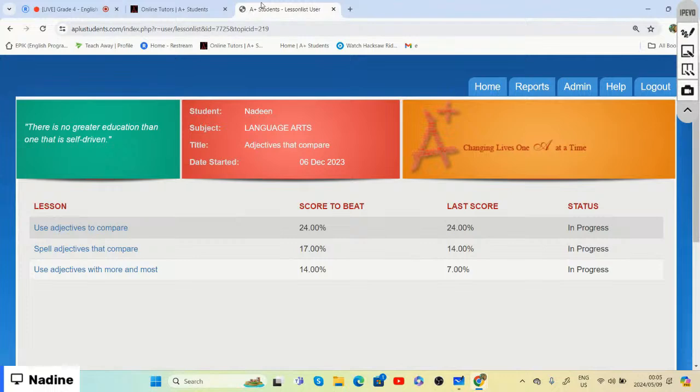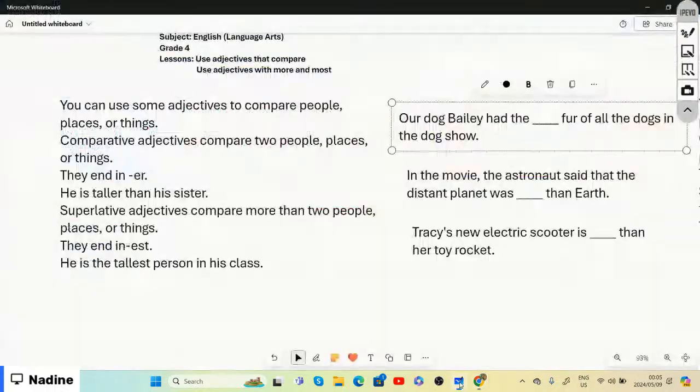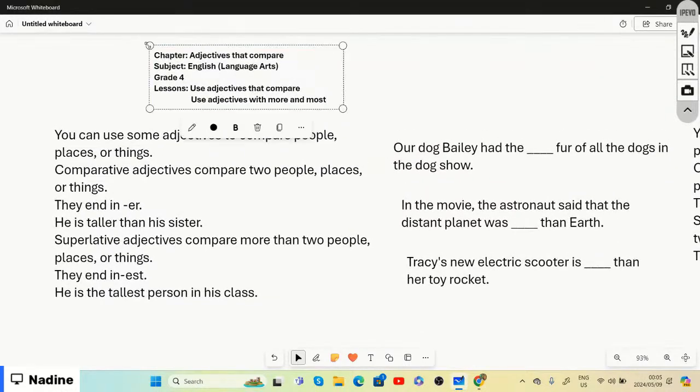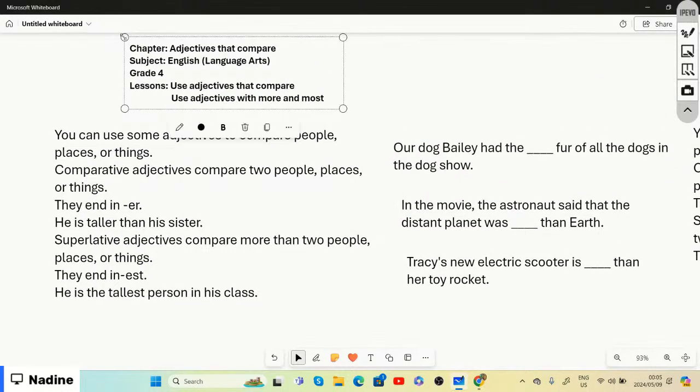All right. So our chapter is adjectives that compare. Our subject is English language arts, grade 4.